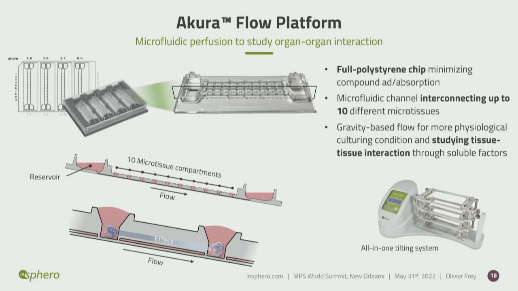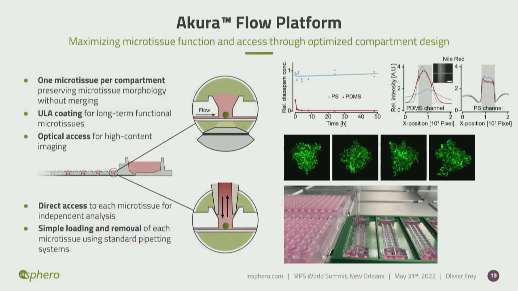These channels are included in a polystyrene microfluidic chip in a frame, so that we have multiple of these multi-tissue systems in parallel. There is a small tilting unit that is placed directly in the incubator that then operates the chip so that the plate can be used as a standard microfluidic plate or stand plate, that you can remove for medium exchange and place it back if you continue the culturing.